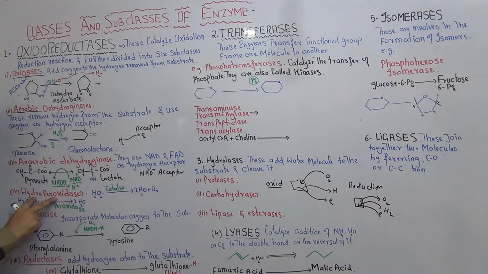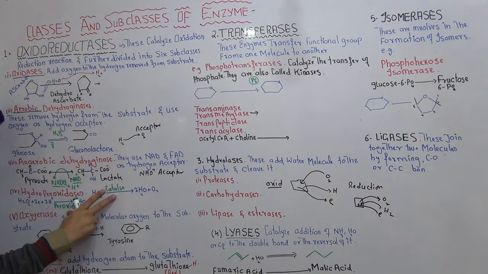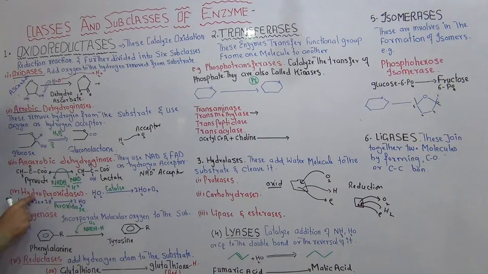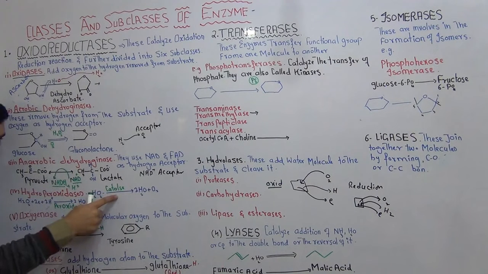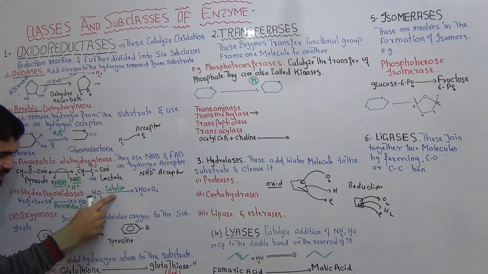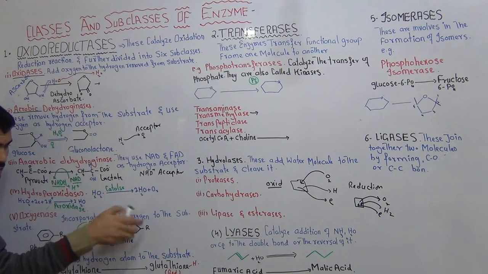Within this category, we have two types of enzyme. One is called catalase, the other peroxidase. So catalase and peroxidase belong to the hydroperoxidases. What does catalase do? Catalase breaks down hydrogen peroxide into water and oxygen.